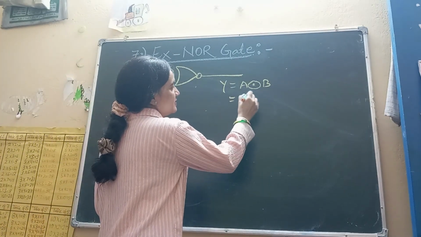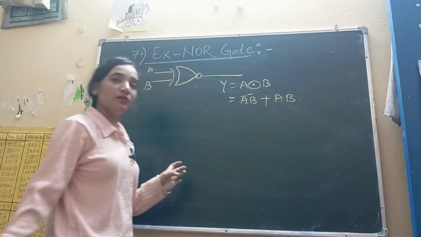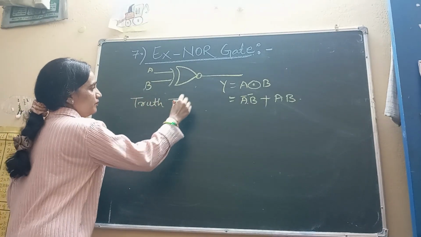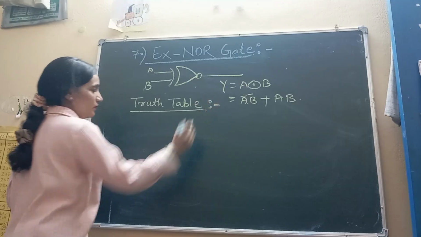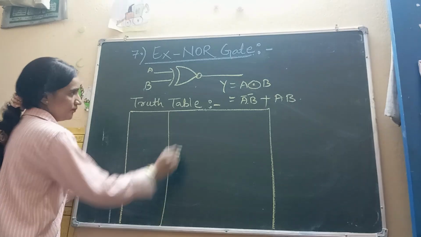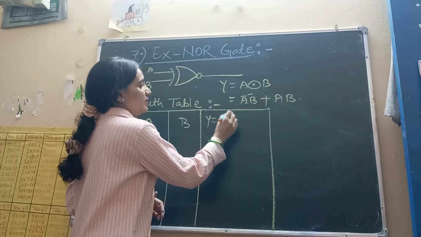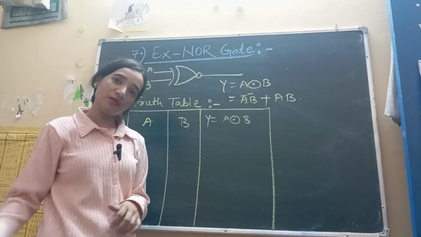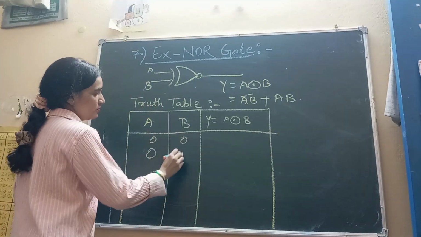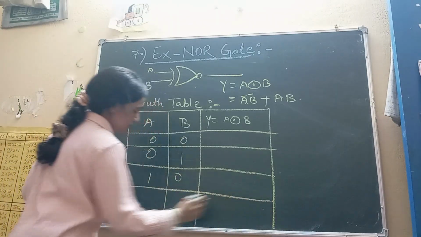Now this is represented as A bar B bar plus A B. Okay. Now let us see the truth table. Truth table is given as A, B, Y. Y is A XNOR B. 0 0, 0 1, 1 0, 1 1.